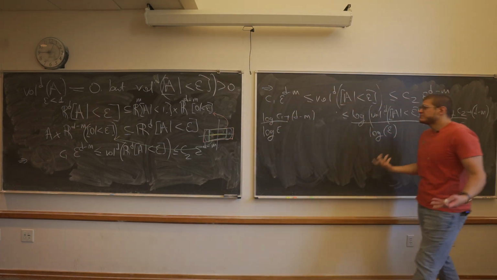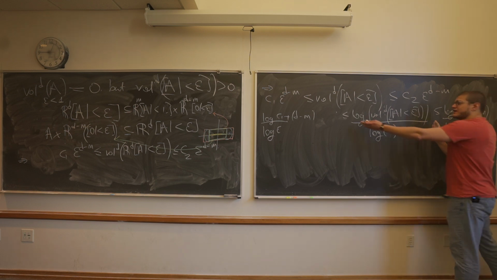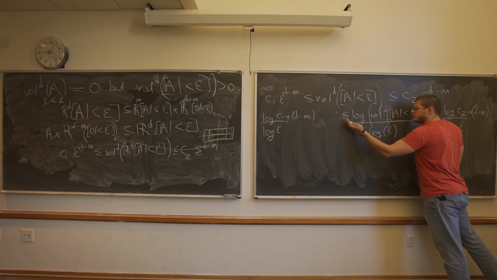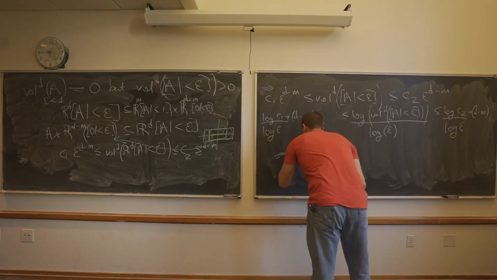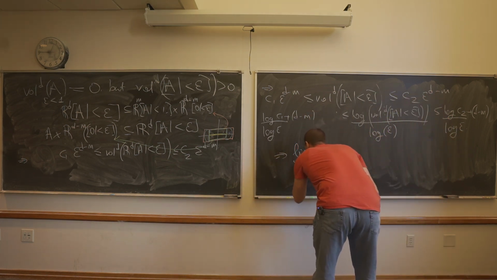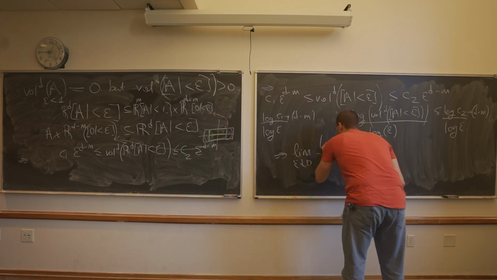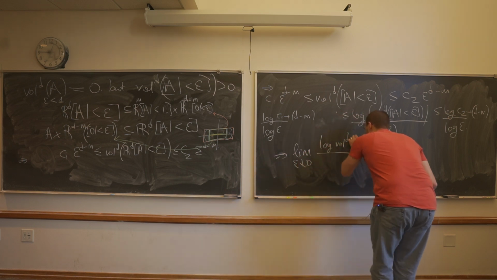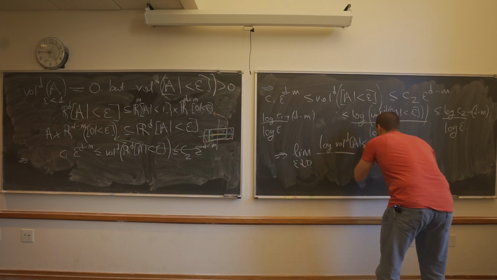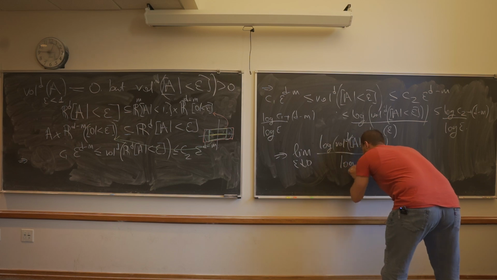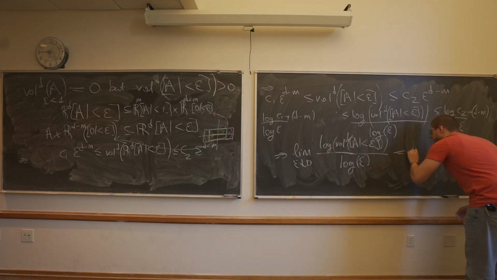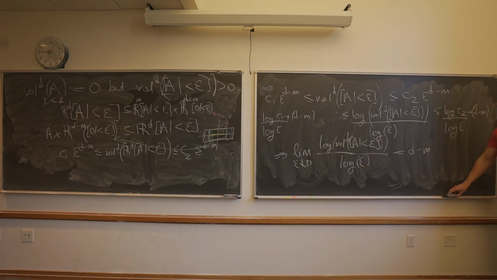Which means that by squeeze theorem or whatever, the limit as epsilon goes to 0 of this expression equals d minus m. Solving for m, I have that m equals d minus this limit. Okay?